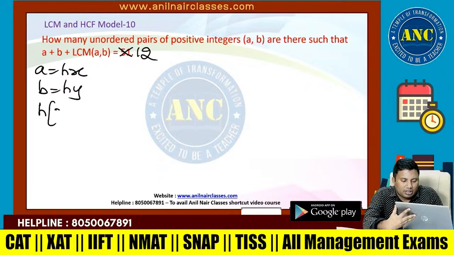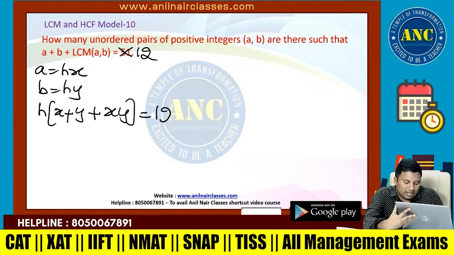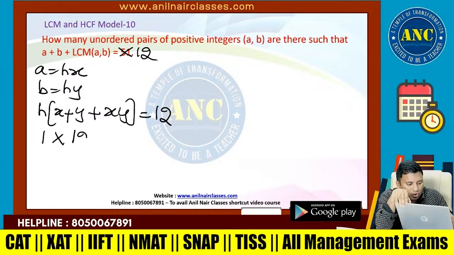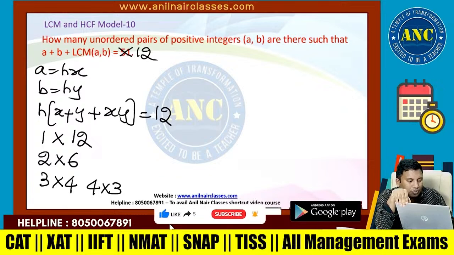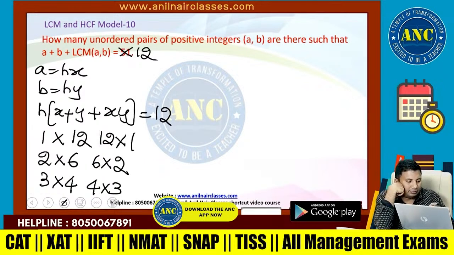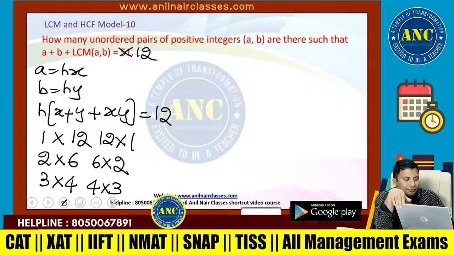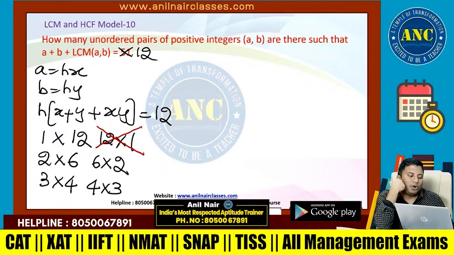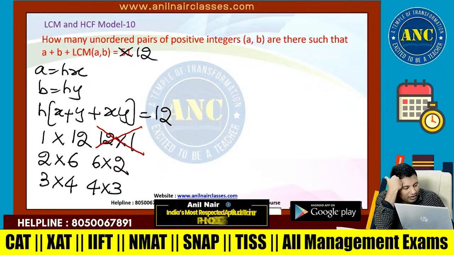This will become h into x plus y plus xy equivalent to 12, which is 1 into 12, 2 into 6, 3 into 4, 4 into 3, 6 into 2, 12 into 1. Ordered pairs, all these cases. This case is not possible because x will be 0, y will be 0.